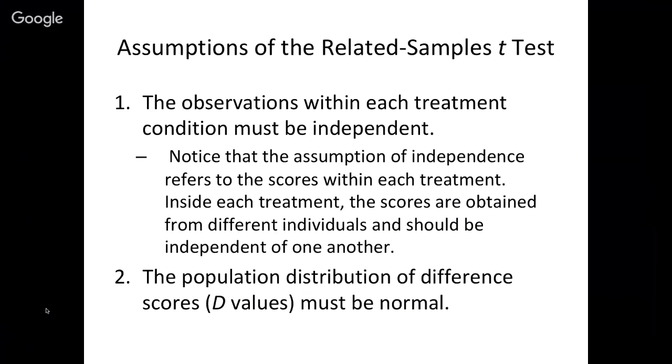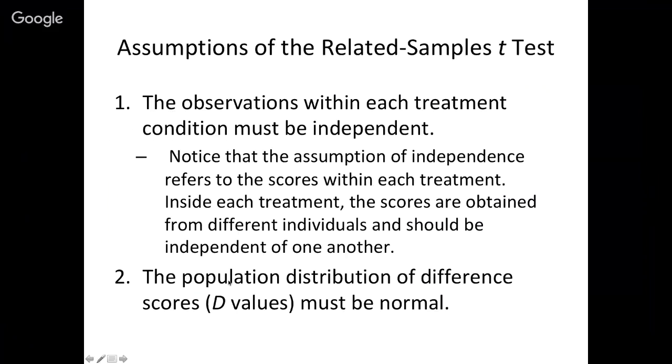Inside each condition, the scores are obtained from different individuals. In each treatment condition, we have just 1 score for each subject, and in the other treatment condition, we have another score for this subject. So within each condition, the scores are independent between subjects.